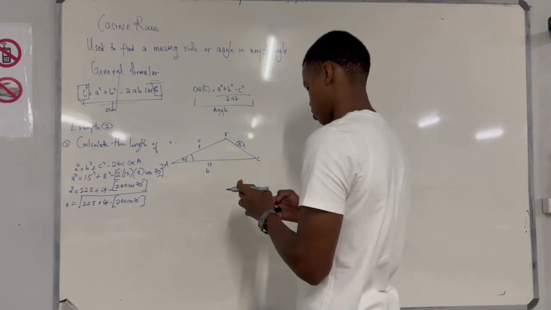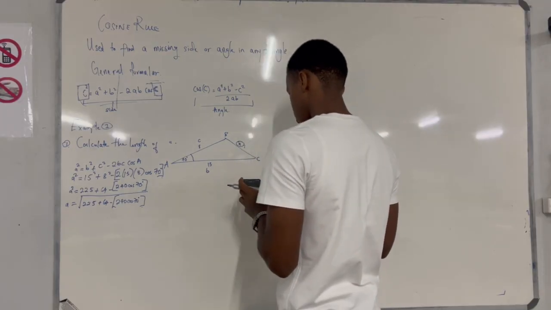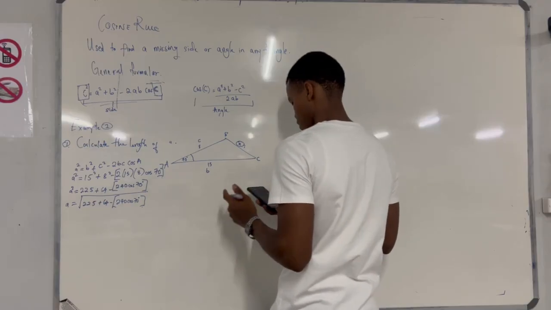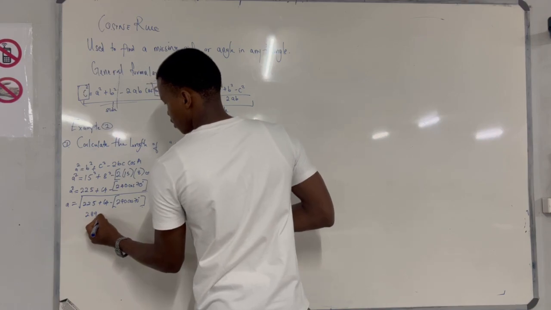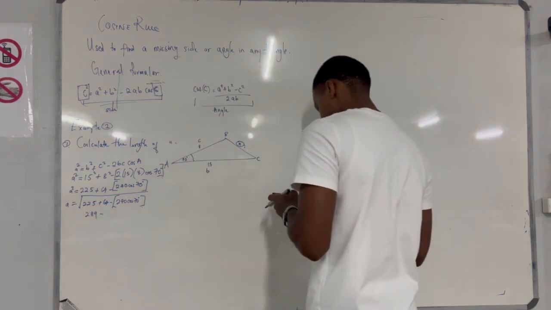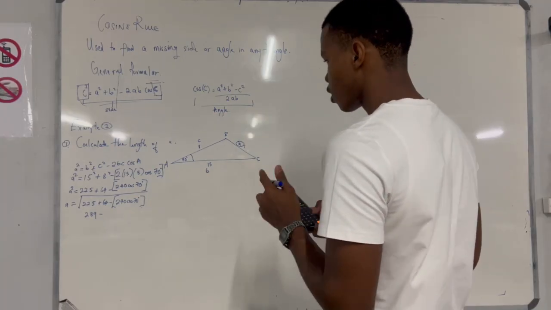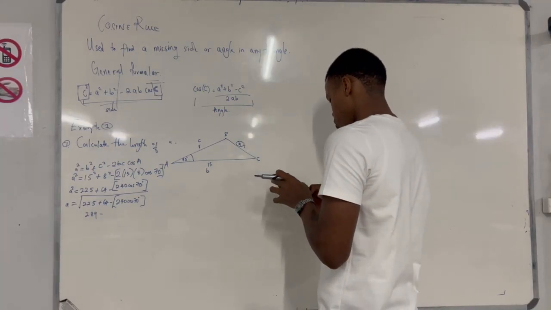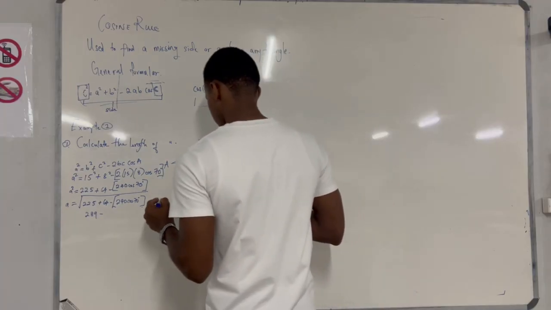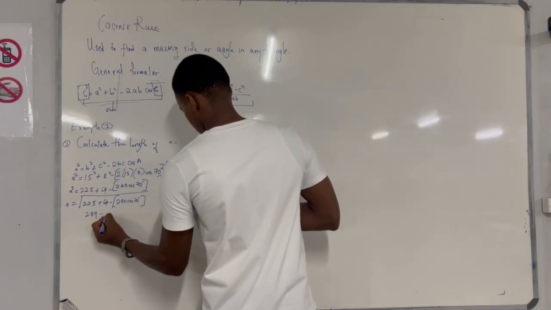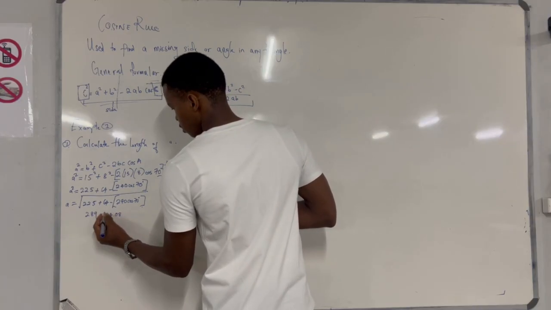So let's work it out. 225 plus 64 is 289, minus 240 cos 70, and make sure your calculator is in degrees mode. 240 times cos 70 degrees is 82.08.